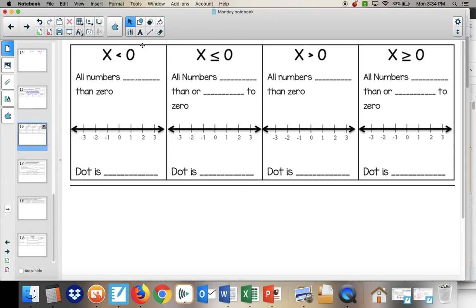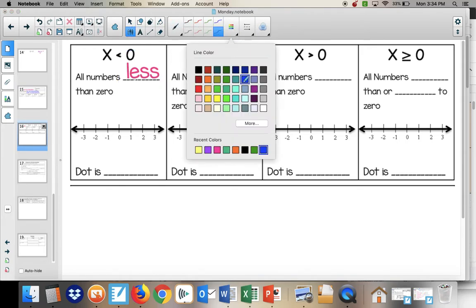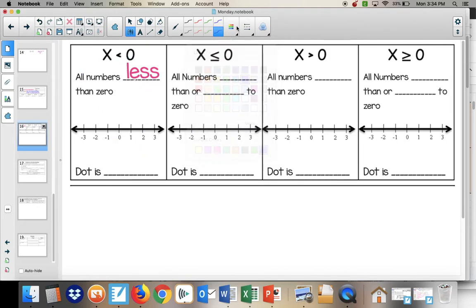So, the inequality signs are, the first one is this one here, where it says x less than 0. So what this is telling me is all numbers less than 0, so any number that is smaller than 0. When you have the less than sign, we are going to decide first, is it an open or closed circle?